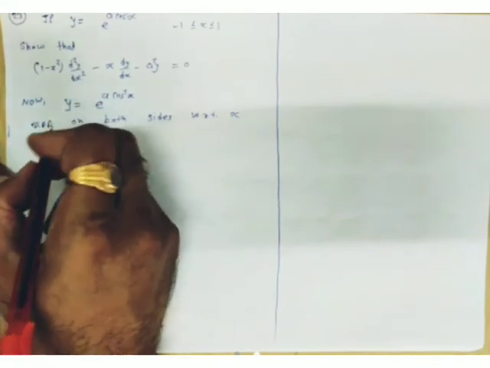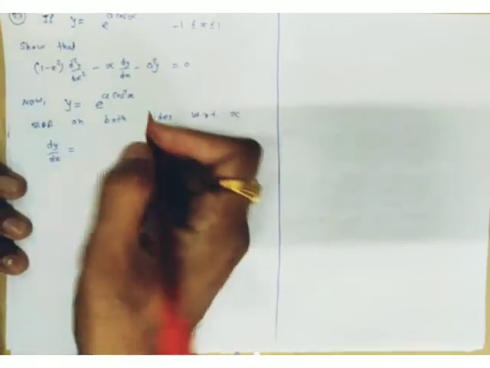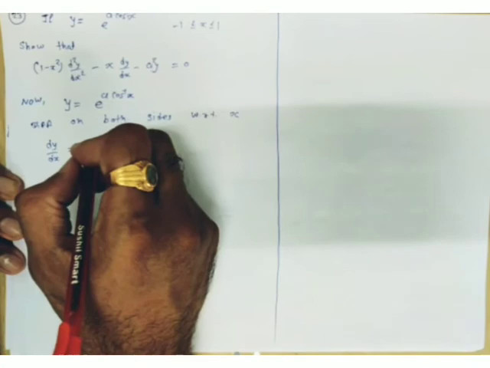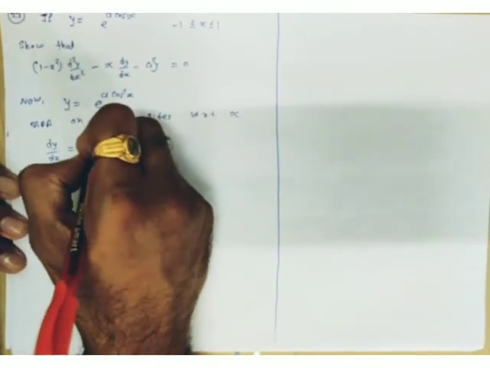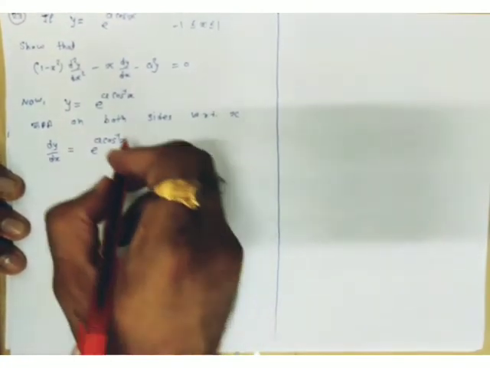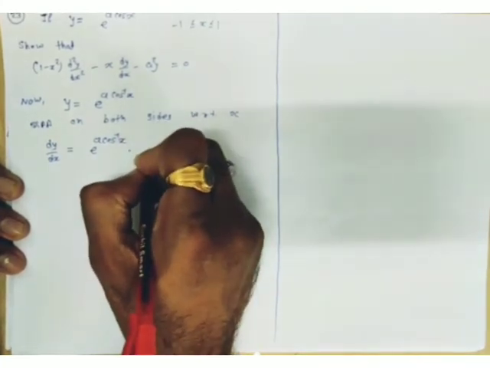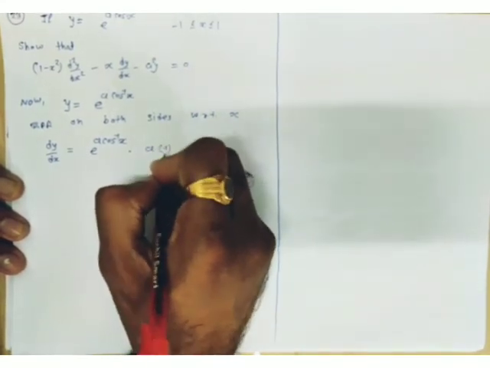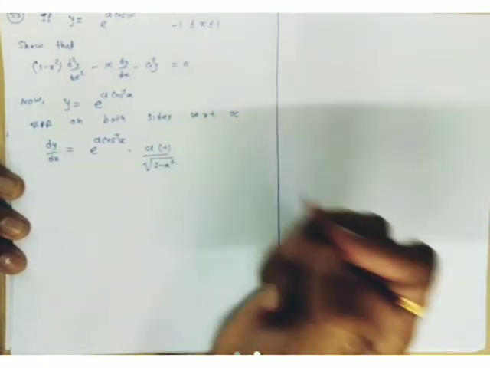So we are getting this dy by dx. Our dy by dx is equal to the differentiation of this exponential function. So e raised to x will be e raised to x, and then you have to consider the differentiation of the x part. So it's e raised to a cos inverse x, and again you have to consider the differentiation of a into cos inverse x. a is constant, and the differentiation of cos inverse x is minus 1 upon square root of 1 minus x square.